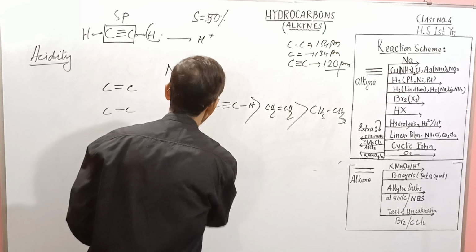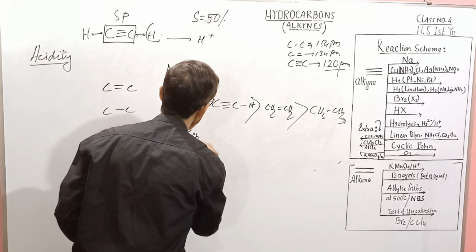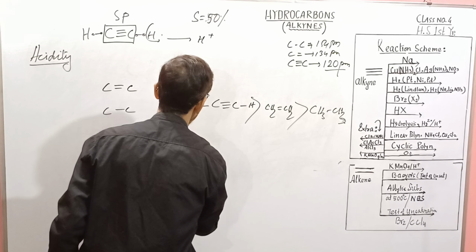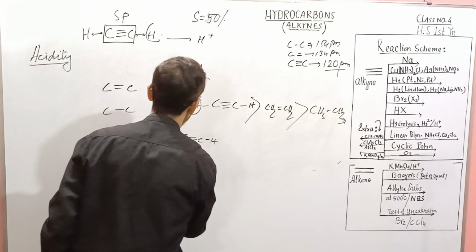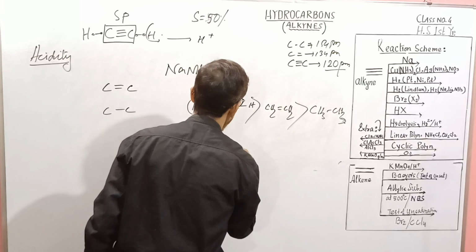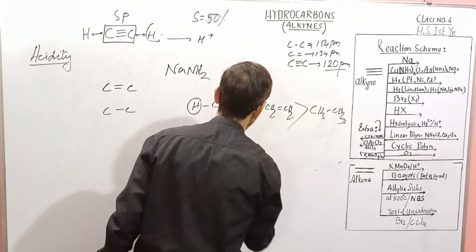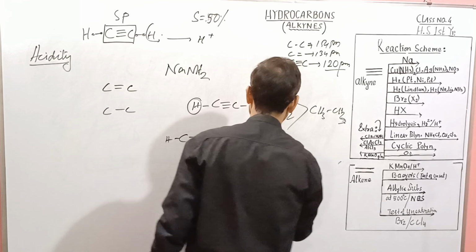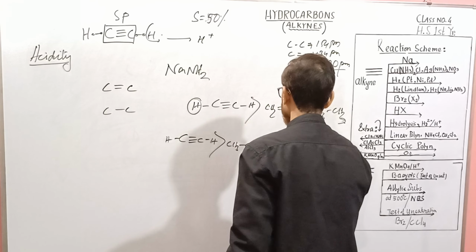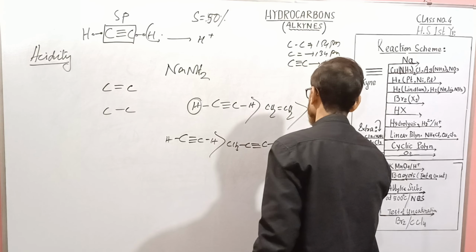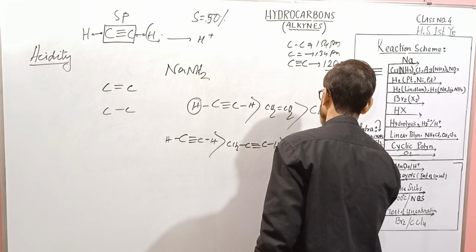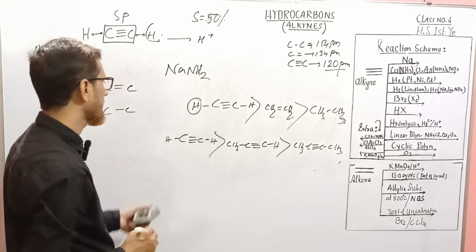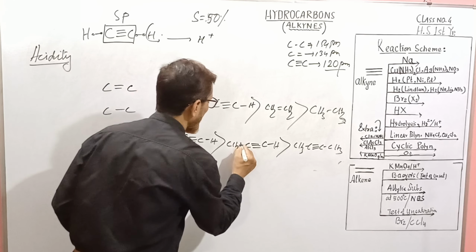Next, say you remove one H and put CH3 on the triple bond carbon. If you tell the acidity in this way, you will say the plus I effect is there.